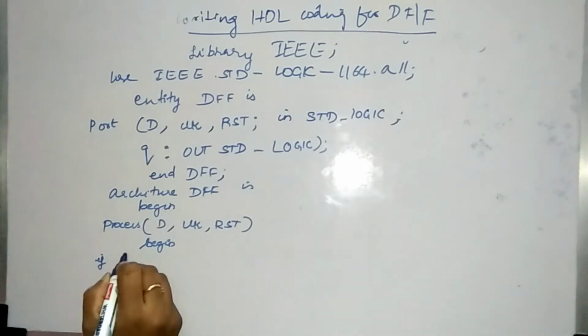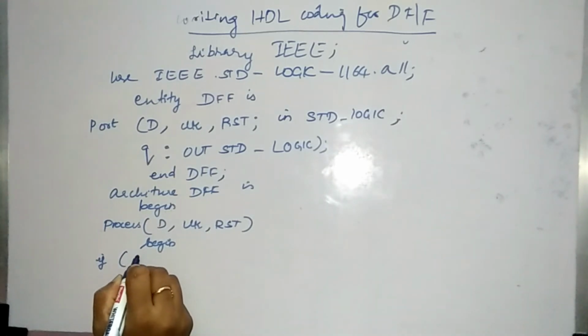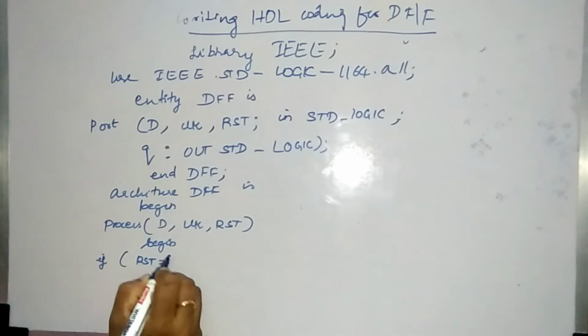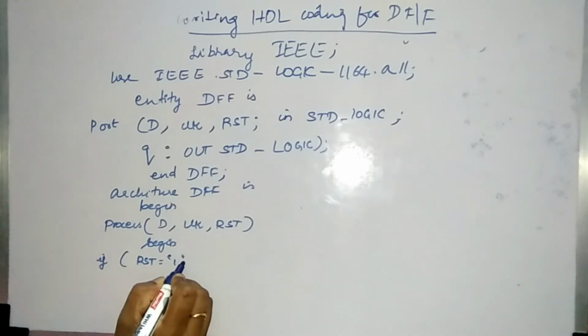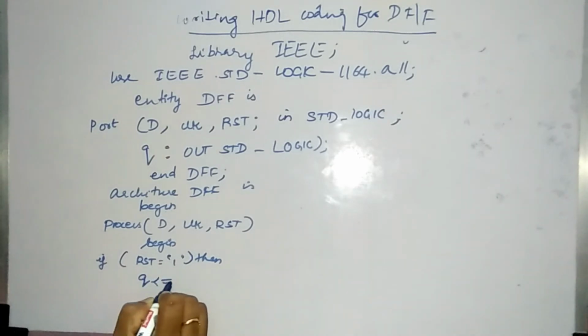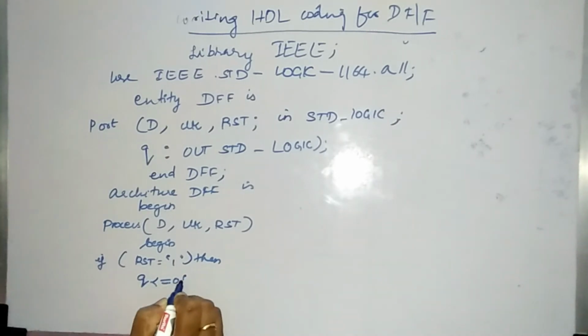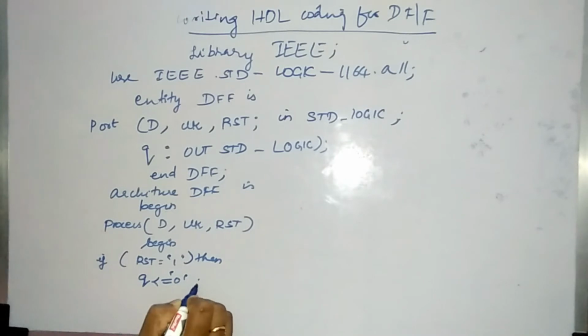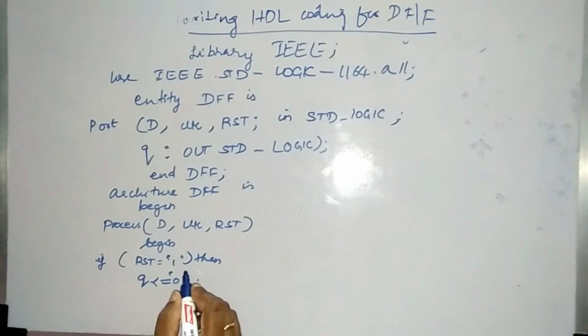The condition is, you can just concentrate here: if my reset is 1, then my output is equal to 0. Dear students, we very well know that when the reset is high, the flip-flop output just goes to 0.